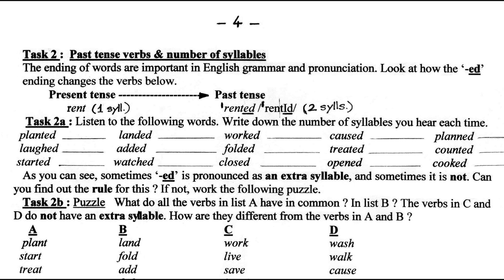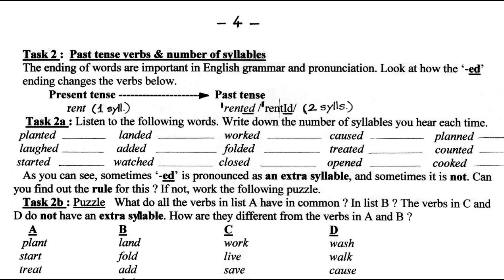Yes, 2 syllables. Landed. Next. Worked. How many syllables? Yes, 1 syllable. Next. Caused. How many? Yes, only 1 syllable.